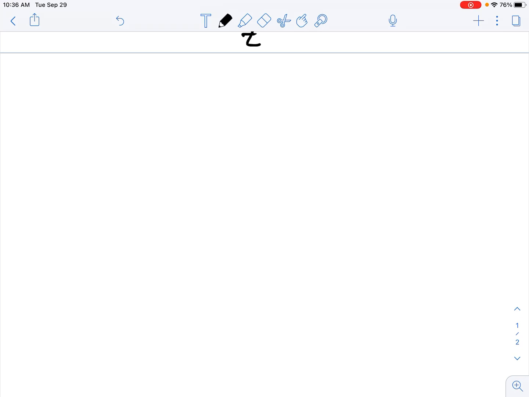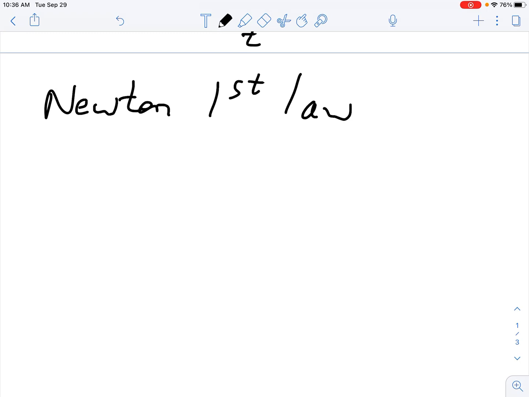Okay, so let's go to Newton's laws, and then I want to finish with something called a free body diagram. So Newton's laws of motion. We're only going to do the first two. Newton's first law states that an object at rest wants to stay at rest, while an object in motion wants to stay in motion at constant velocity. I'll say that again.